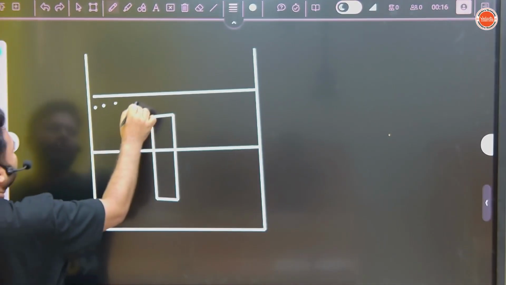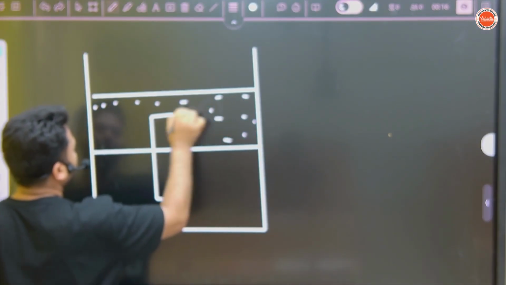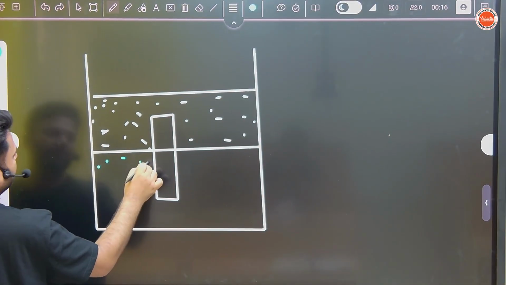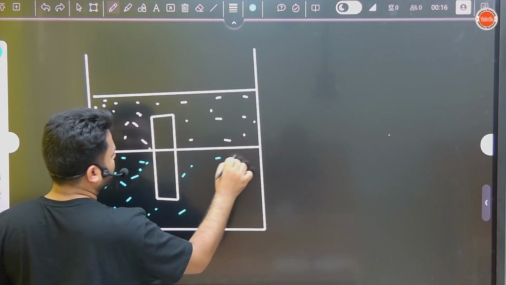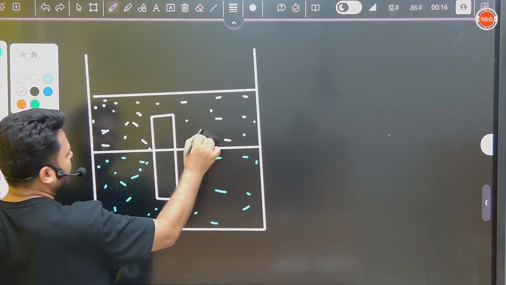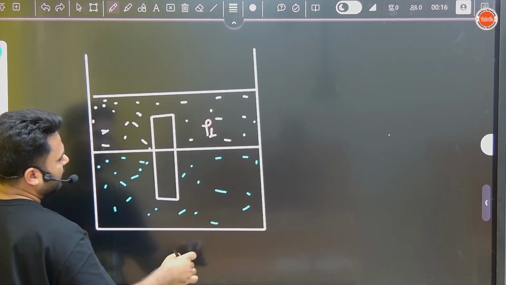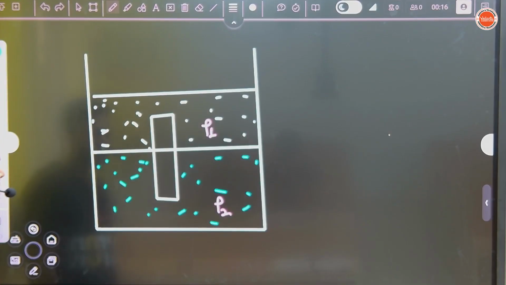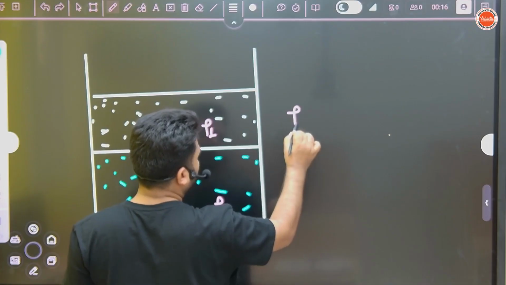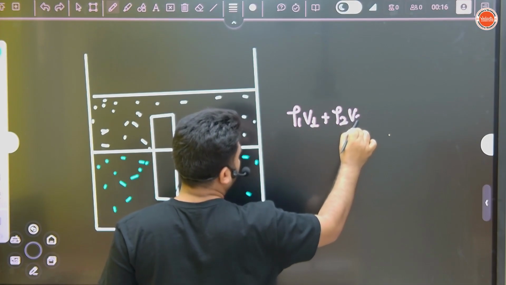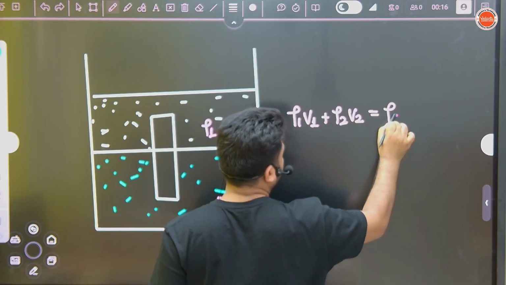Suppose here we have oil and here we have water. The density of liquid 1 is rho 1 and the density of this liquid is rho 2. Then what equation can we write from the law of flotation? Rho 1 V1 plus rho 2 V2 equals rho S Vs.